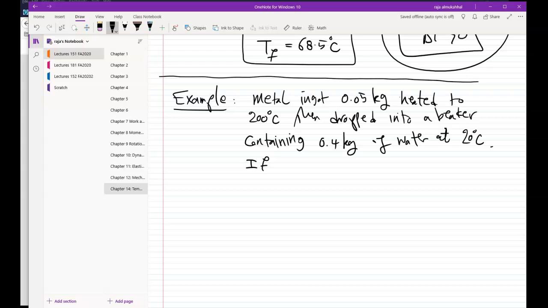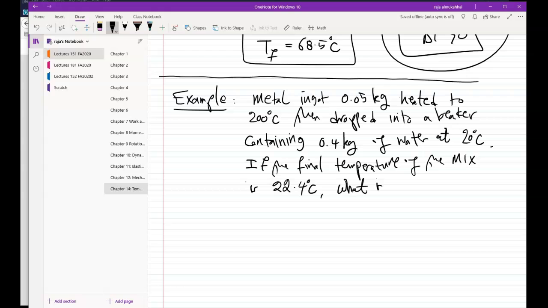Now, if the final temperature of the mix is 22.4 degrees Celsius, what is the specific heat of the metal?